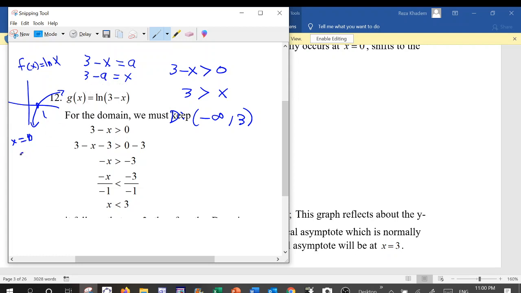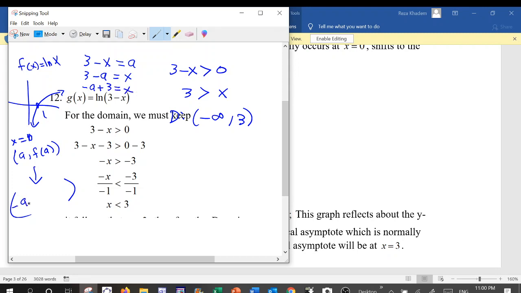So that means if we have a point on the parent function, where does it go? Well, it goes to 3 minus a. We can write 3 minus a as negative a plus 3, that's the same thing.